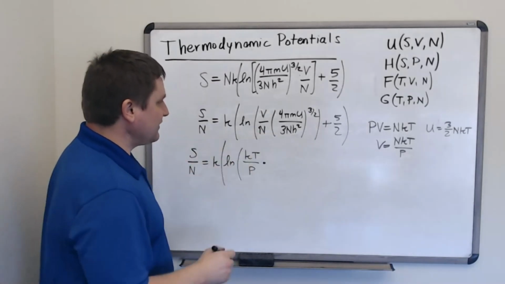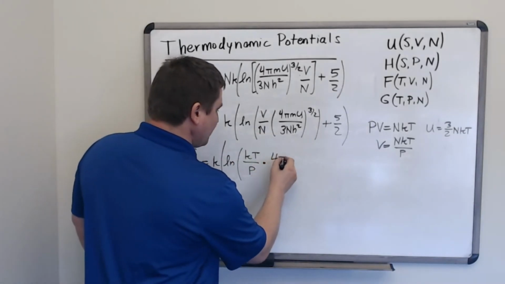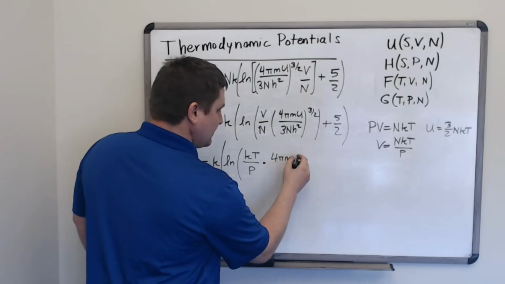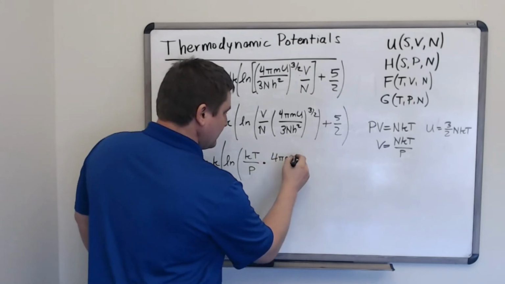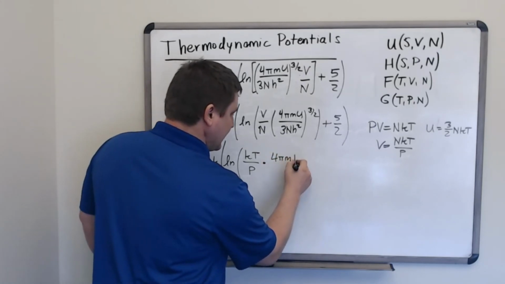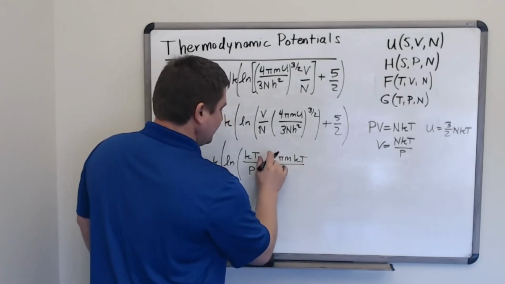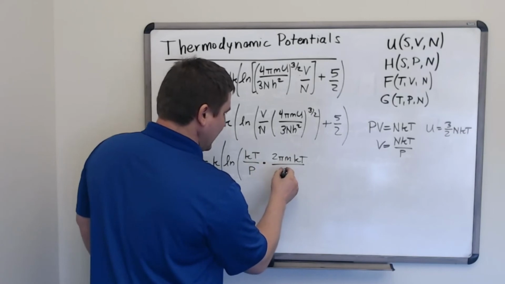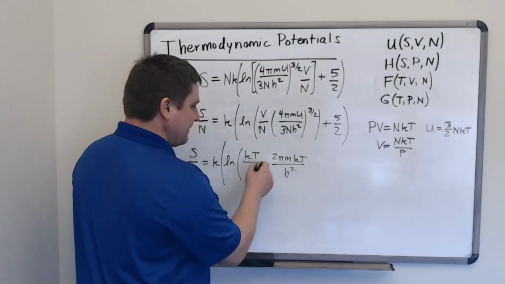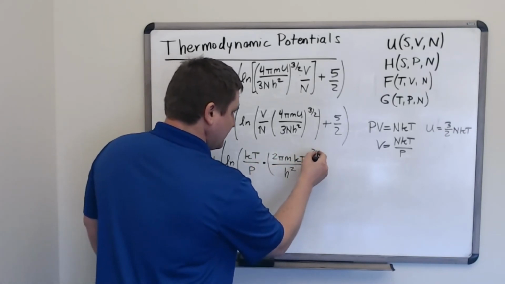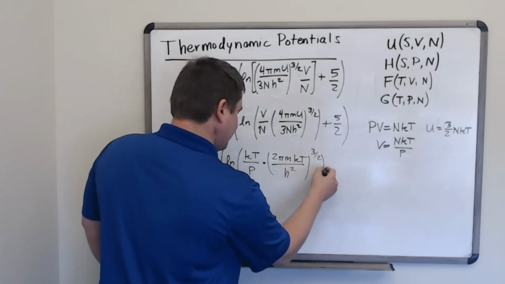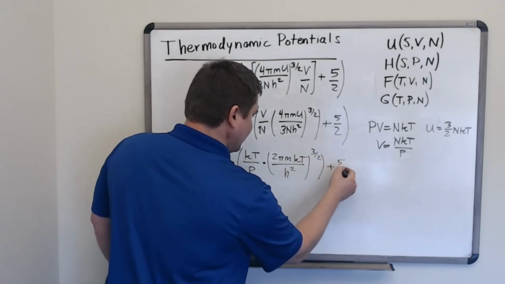So let's use that here. 4 pi times m times kT, the N's will cancel, the 3 will cancel, and the 2 will cancel with the 4. So I'll have 2 pi mkT over h squared, 3/2 power, plus 5/2 outside.